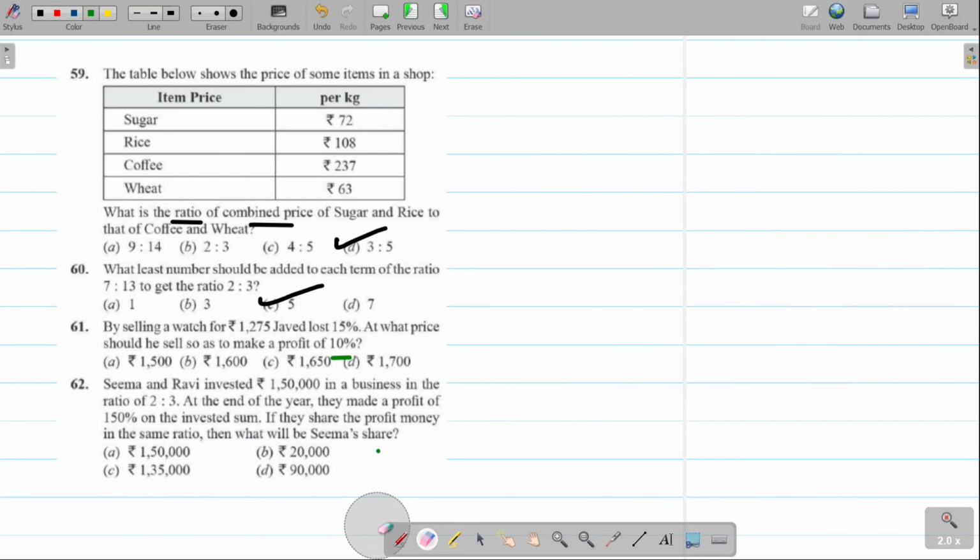What I will do is draw a number line kind of figure. Assuming this is my number line, somewhere here is my cost price, somewhere here is my first selling price, and somewhere here is my new selling price.